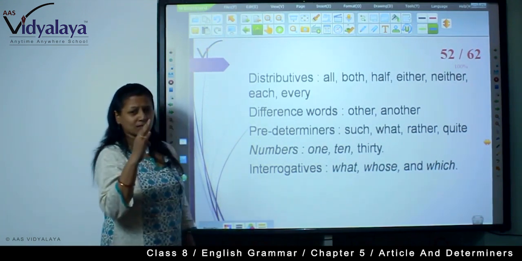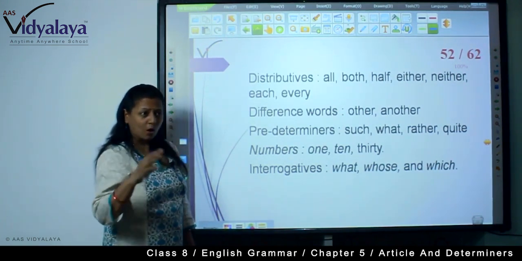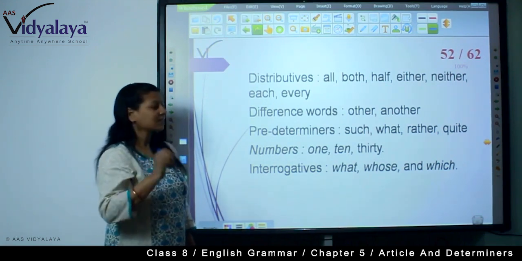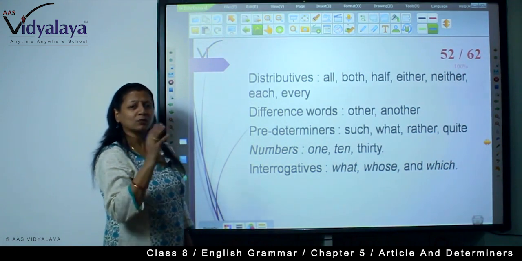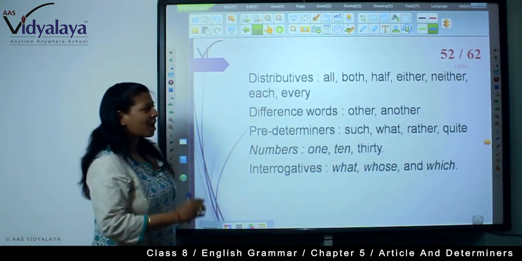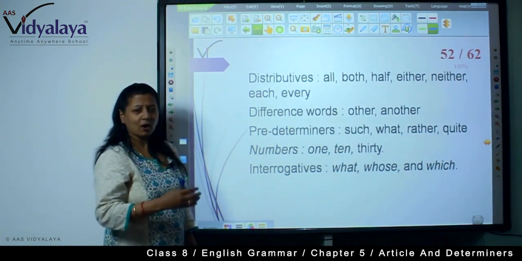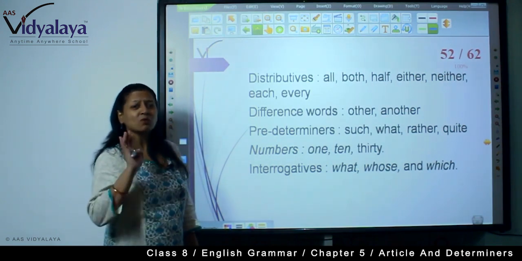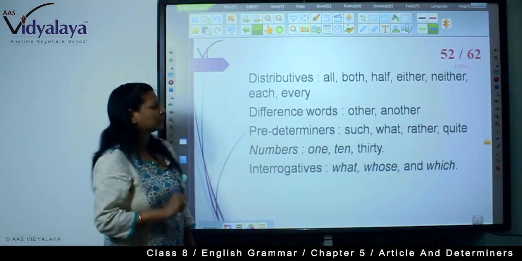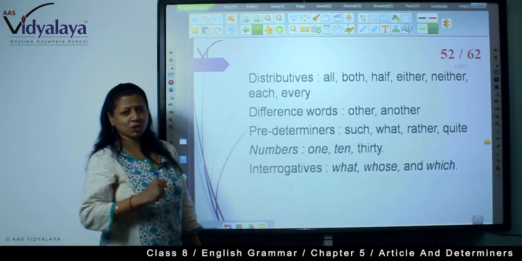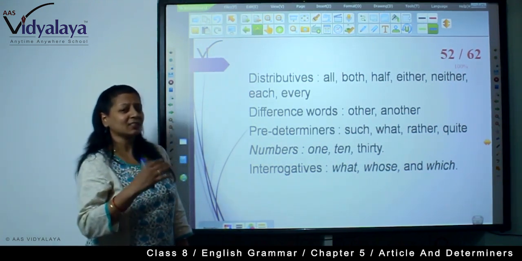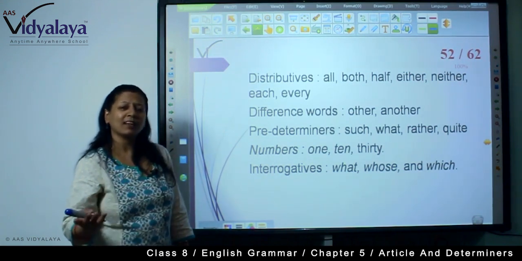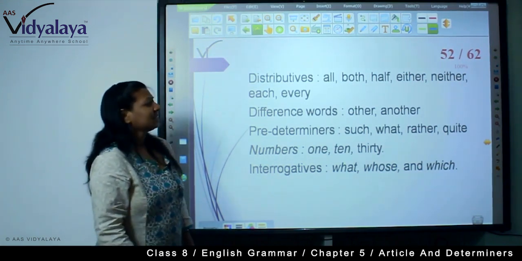Okay, all books, all articles, right? Now, both the boys or both the girls. Now, half of the property or half of the cake. Noun is there. They are modifying nouns. Either he or she. Either Shyam or either Ram, you can write a proper noun.